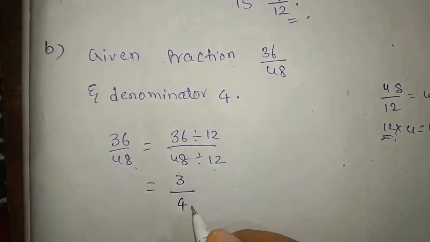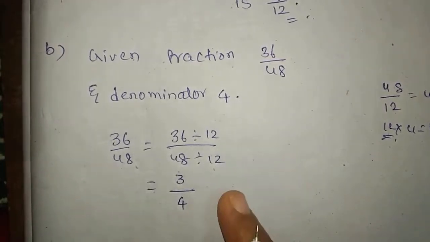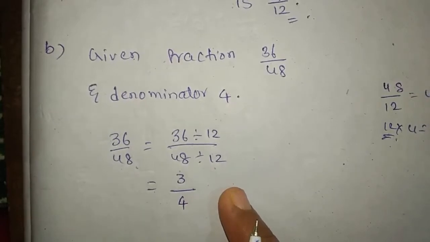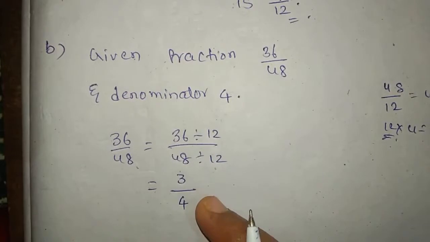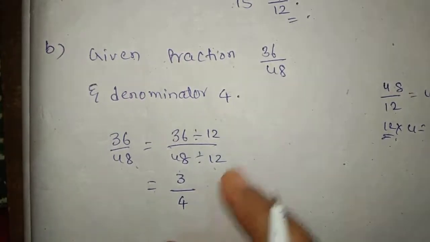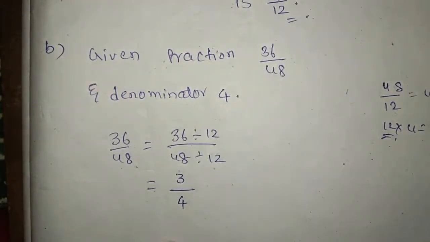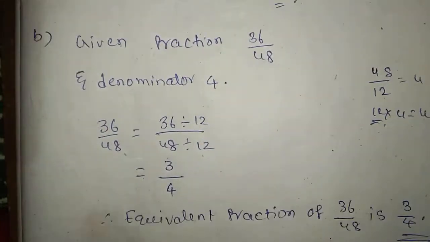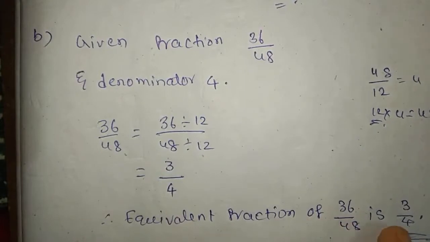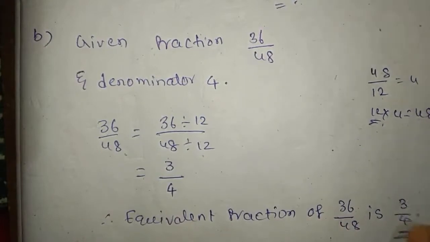So 3 by 4. So the equivalent fraction of 36 by 48 is 3 by 4 when the denominator is 4.